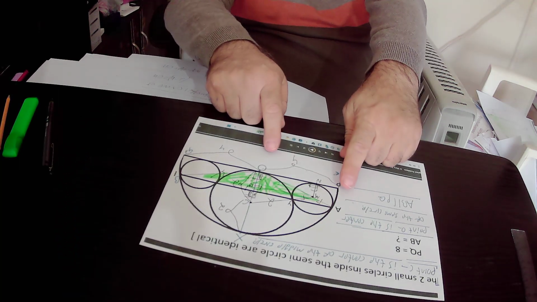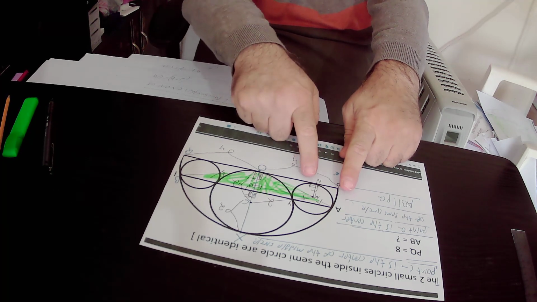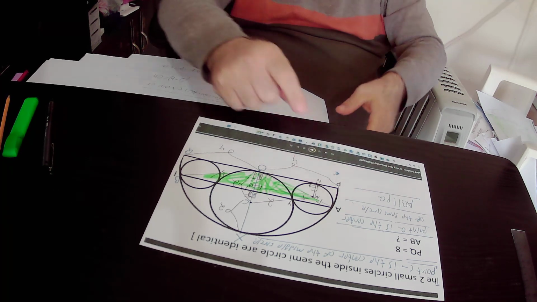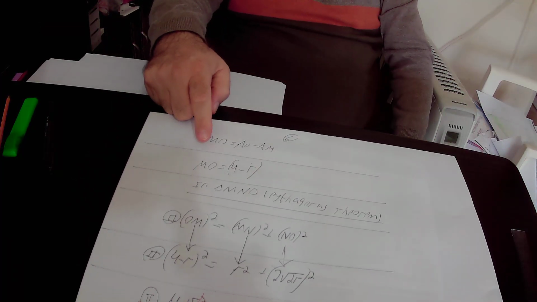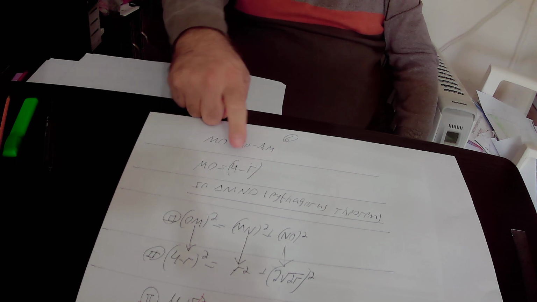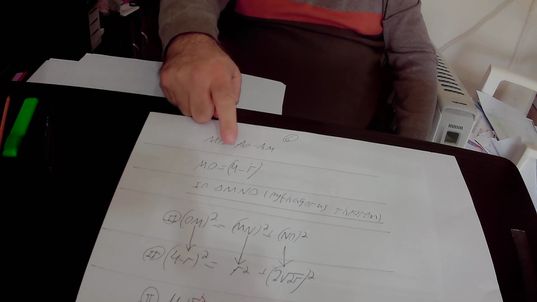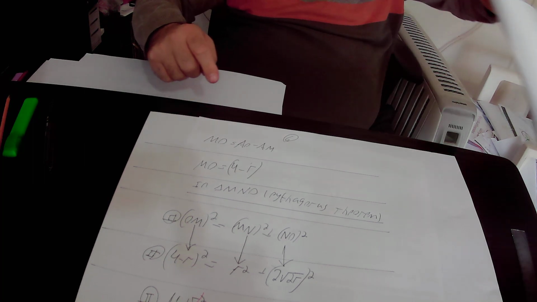AO is the radius of the semicircle, that is to say it equals 4 units, and AM equals R, the radius of the small circle. So in total MO equals AO, that is 4 units, minus MA, which is R. So in total MO equals 4 minus R.